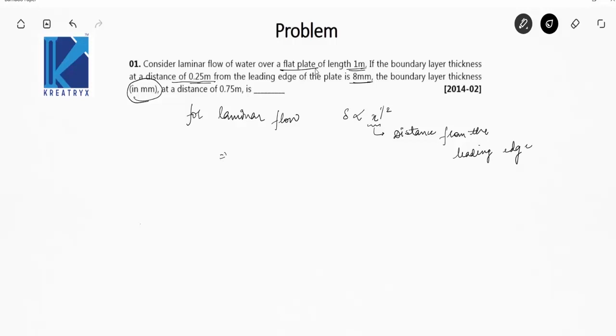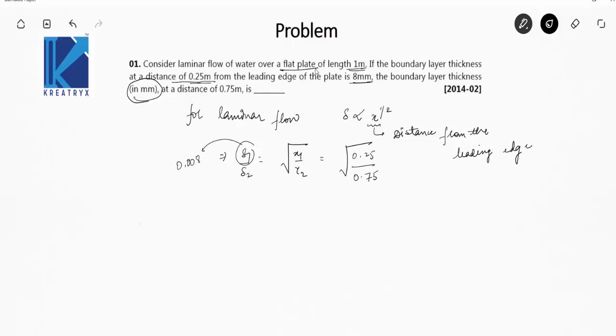That implies delta 1 by delta 2 is equal to root of x1 by x2. You have all the values: x1 is 0.25, x2 is 0.75 meters, and delta 1 is 0.008 meter.